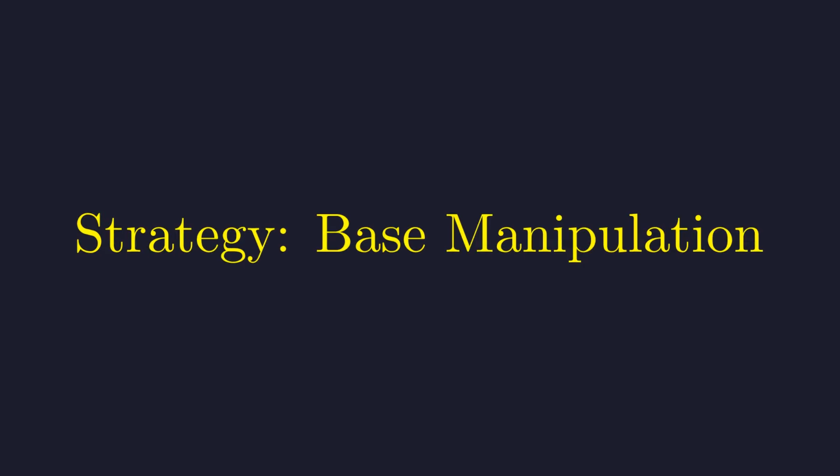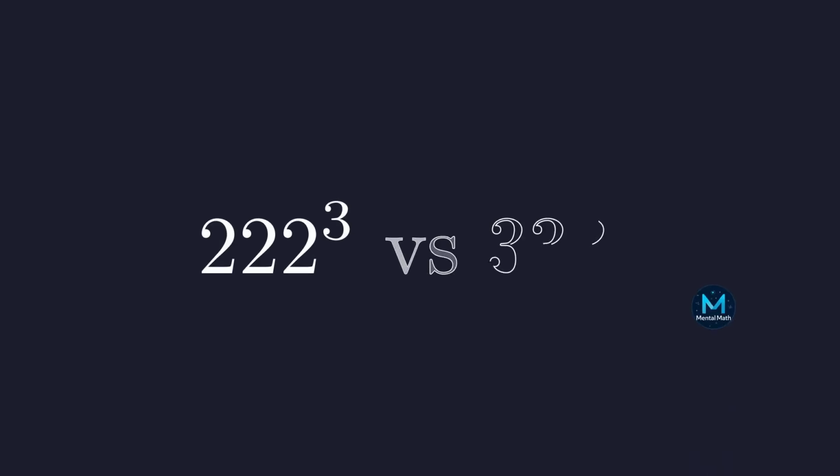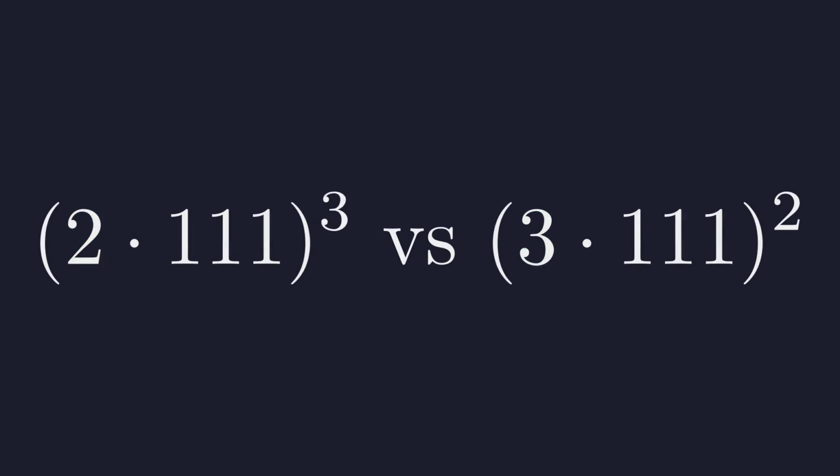We can apply the same strategy again, this time looking for common structure within the bases themselves. Just as before, these numbers share an obvious common factor. Both are multiples of 111. Specifically, 222 is 2 times 111, and 333 is 3 times 111. Let's substitute these factored forms into our expression.